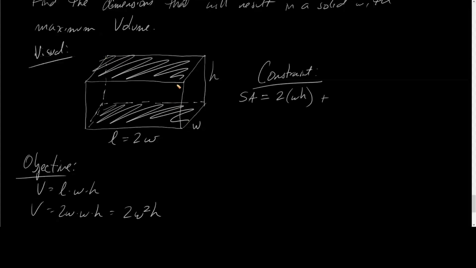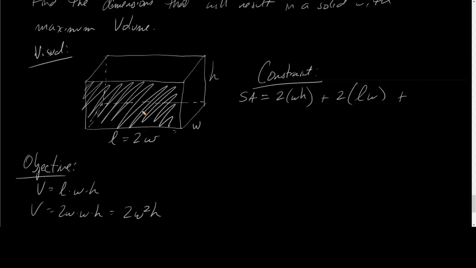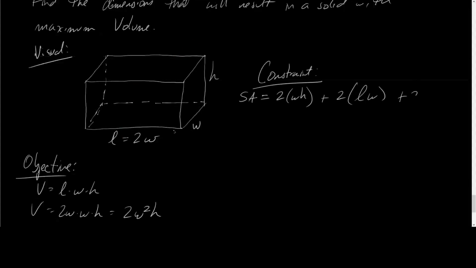So there's two of those which are the same. So it's going to be twice the bottom, which, well, what is the area for the bottom? Length times width. And then plus the front and the back. The back is kind of hard to draw there. But this front one happens twice, right? In the front and the back. So we have twice the length times the height.